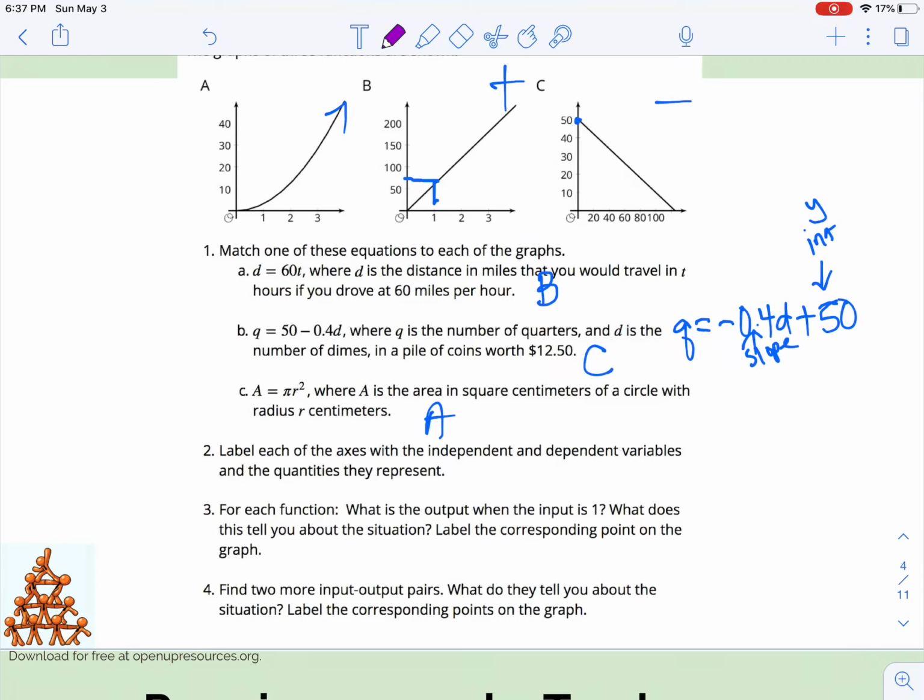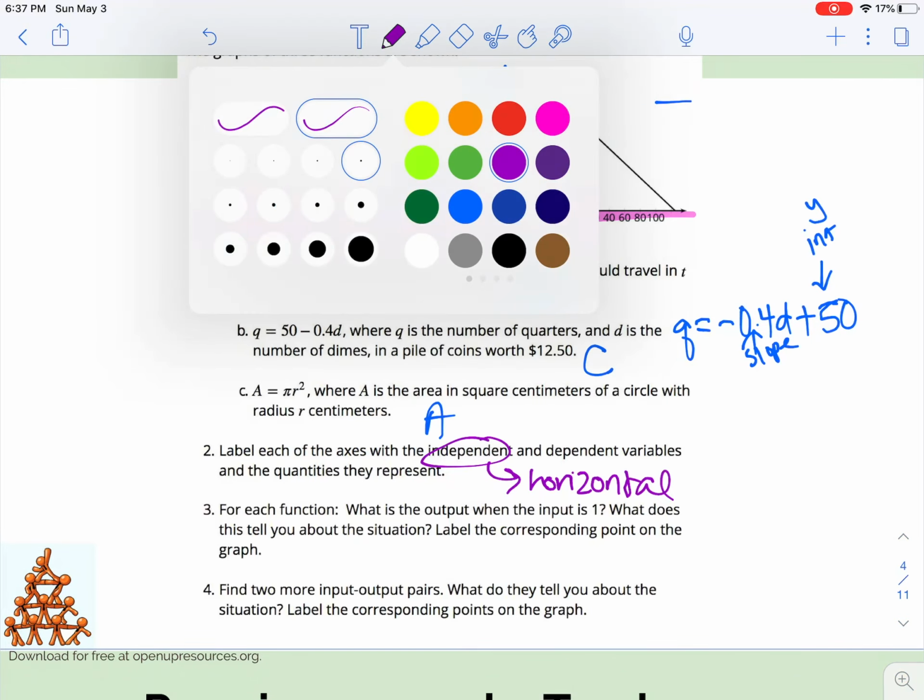Independent variables typically go with the horizontal axis. So that would be the one going, here I'll highlight it in pink. That's horizontal, right?